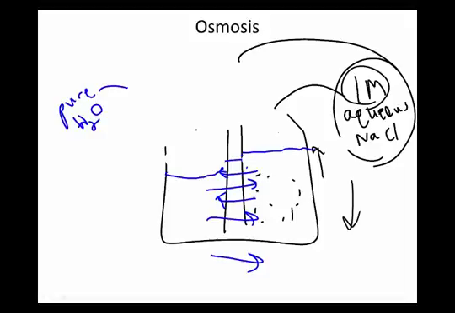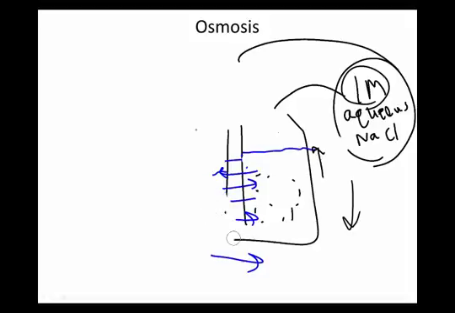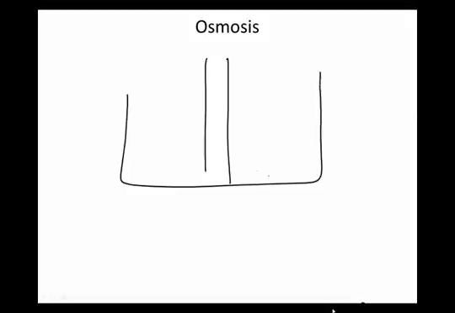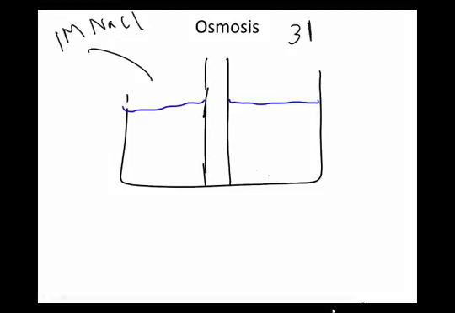All right. Let's try something very slightly different. I'm going to pause it and erase. Okay. So I've got my tank, and I've got my semi-permeable membrane that allows solvent. And I'm going to have 1 molar sodium chloride and 3 molar sodium chloride.